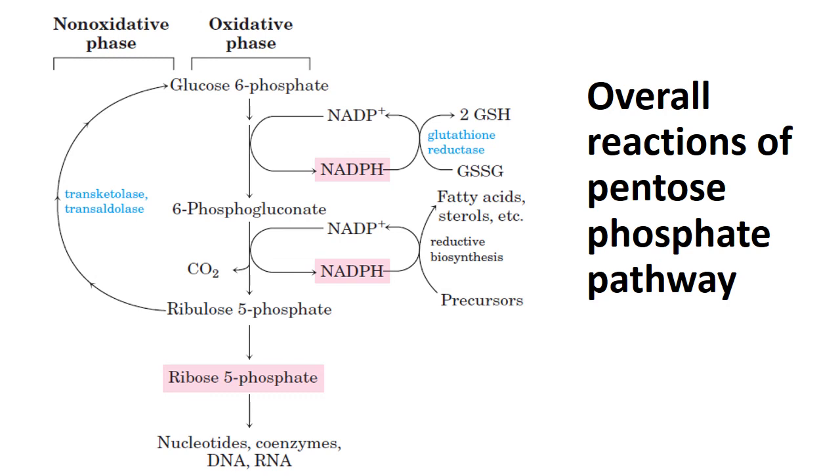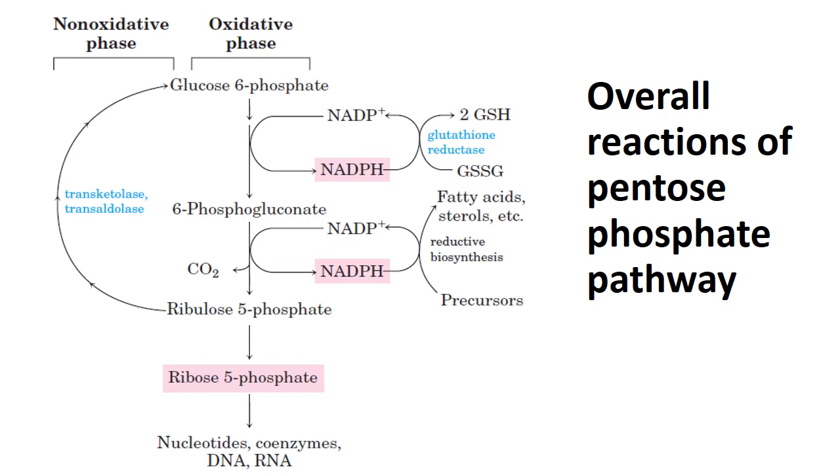The other product of the oxidative phase is ribose 5-phosphate, which serves as a precursor for nucleotide coenzymes and nucleic acid. In the cells that are not using ribose 5-phosphate for biosynthesis, the non-oxidative phase recycles 6 molecules of the pentose into 5 molecules of hexose glucose 6-phosphate, and that allows the continuation of the production of NADPH and converting glucose 6-phosphate to carbon dioxide.